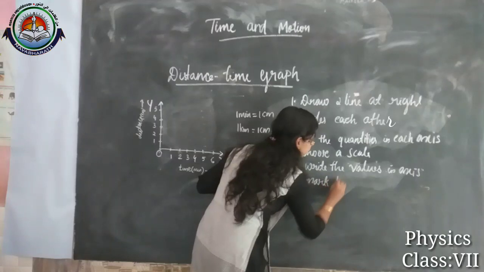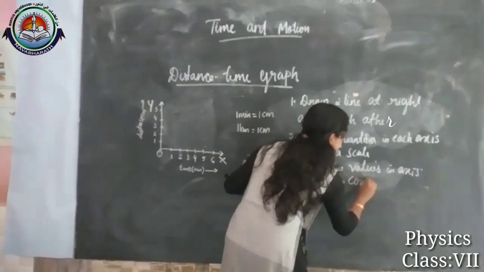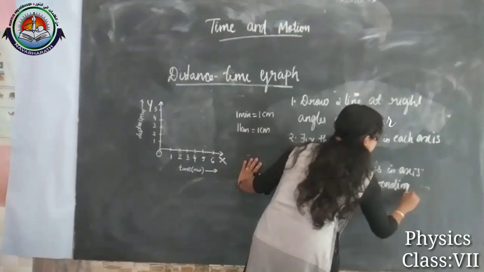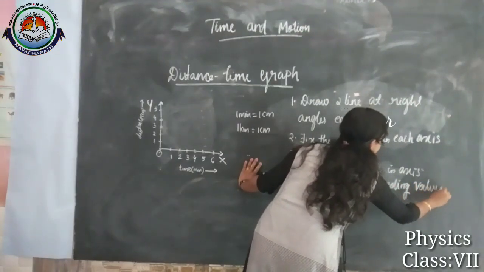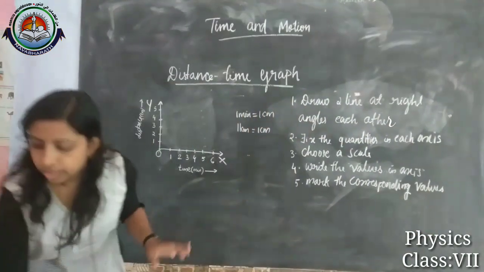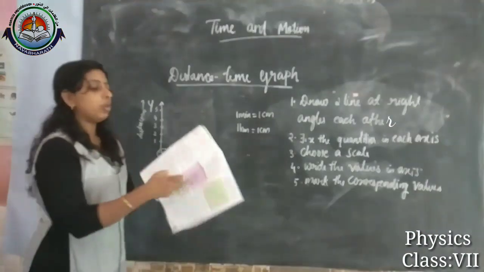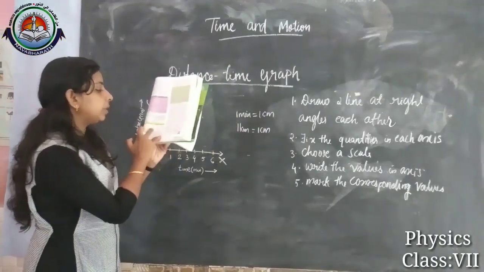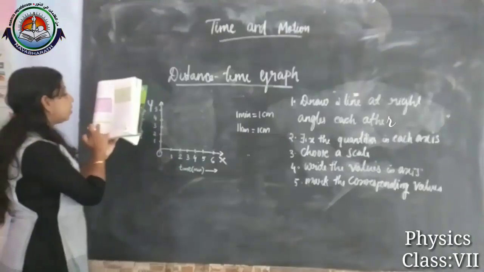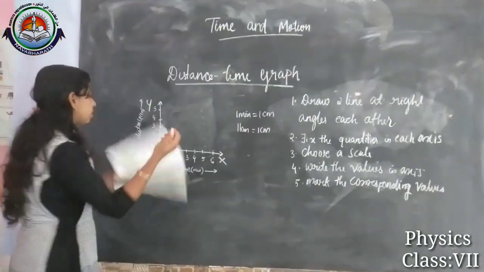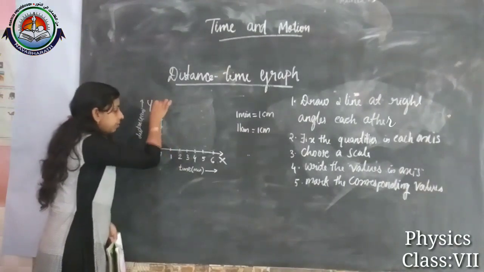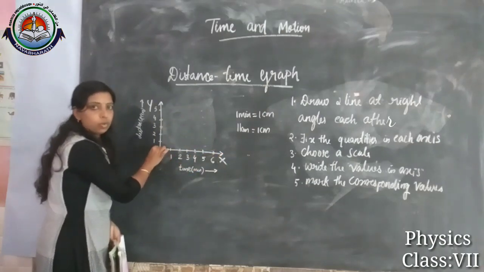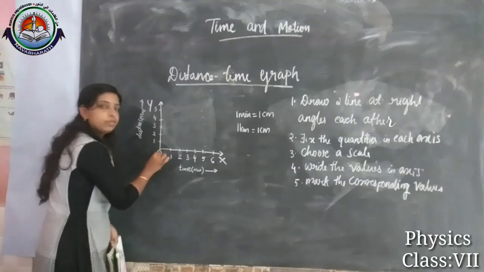Corresponding values means that while looking at your textbook, page number 135, that table, see here 0 minute, and here you can see that the x axis and y axis are intersecting at the point O. This point is the origin.